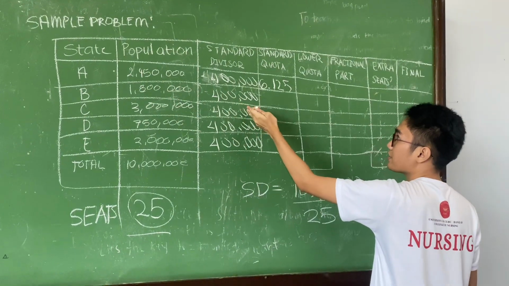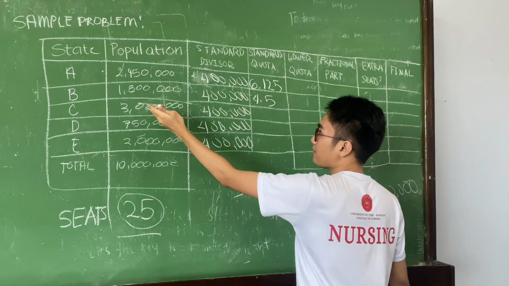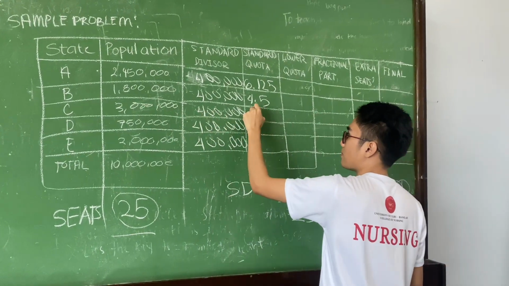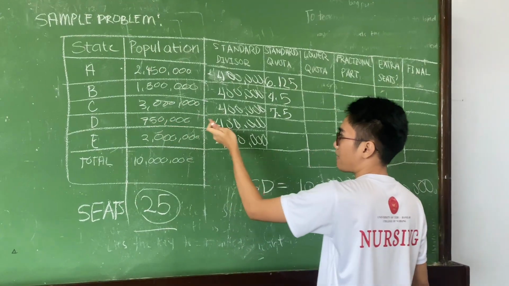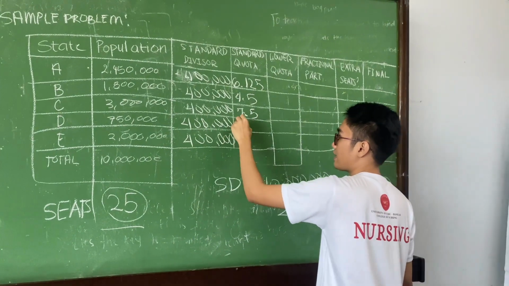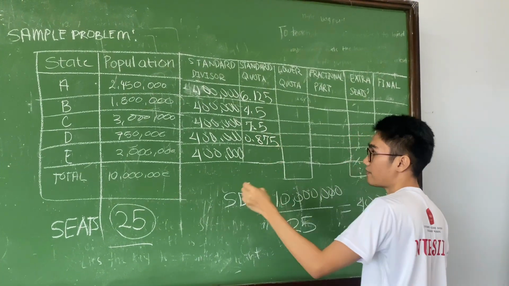1,800,000 divided by 400,000 gives 4.5. 3 million divided by 400,000 gives 7.5. 750,000 divided by 400,000 gives 1.875.